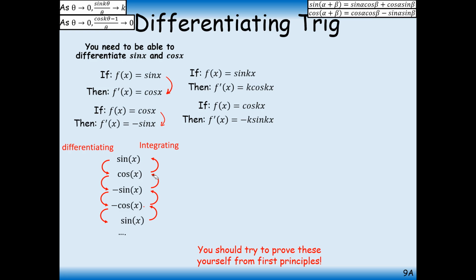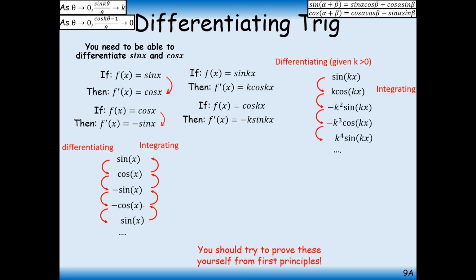So just remembering the first four terms of this column here will be very helpful for both differentiation and integration. And we remember that if we have a constant in front of the input, the angle, then that coefficient will come out at the front.